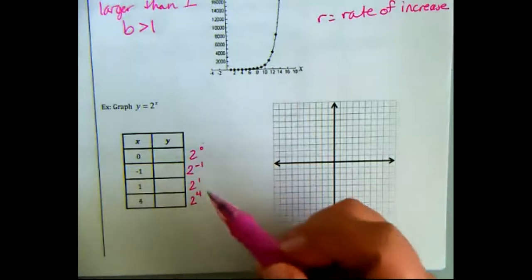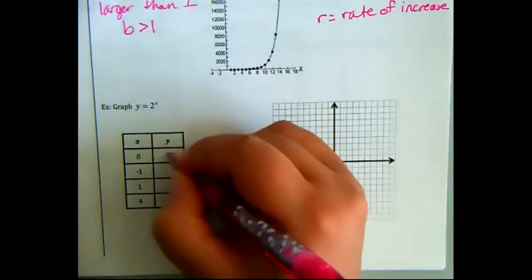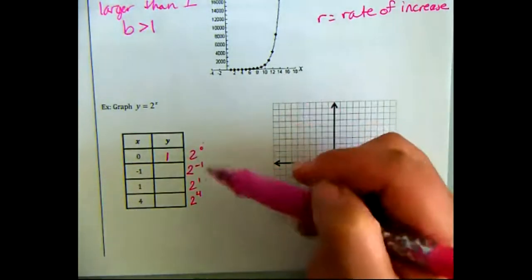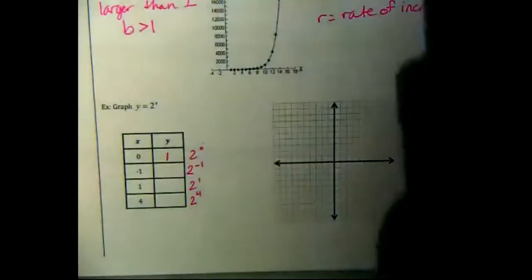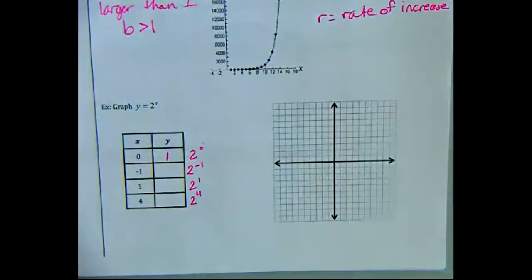So 2 to the 0 power, anything to the 0 power is 1. 2 to the negative 1 power. Do you guys remember what it does whenever we have a negative exponent? It turns into the inverse. Yes, it does. Very good, Kelly.